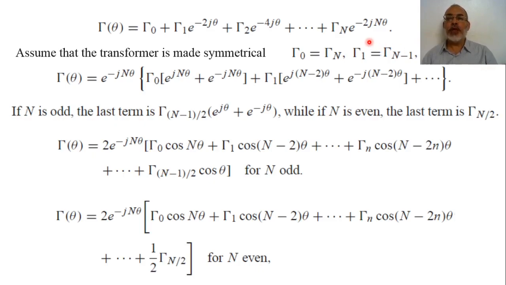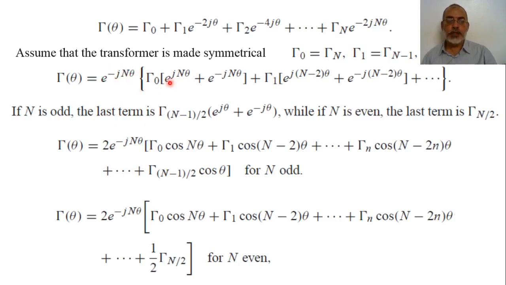And if we take e to the power minus jn theta as a common factor, we can say that in this case it would be gamma naught multiplied by e to the power jn theta plus gamma n, which is actually gamma naught if we are symmetric, gamma naught e to the power minus jn theta, because we have taken e to the power minus jn theta as a common factor.